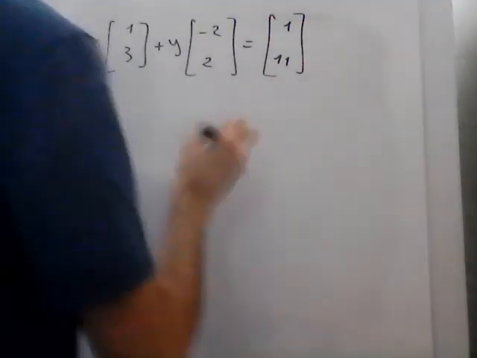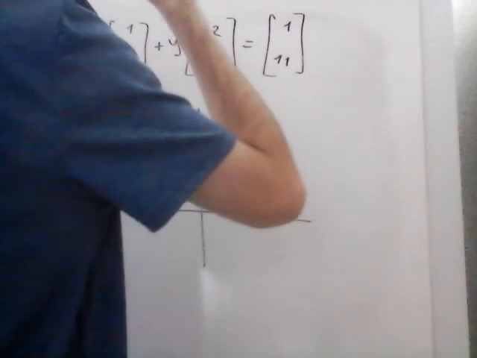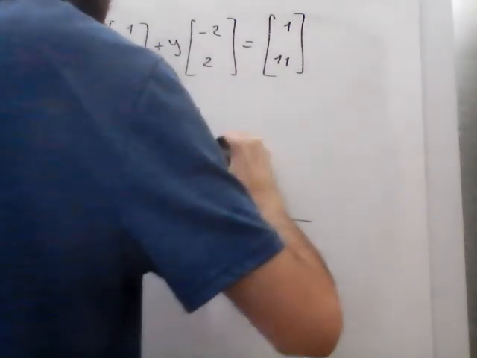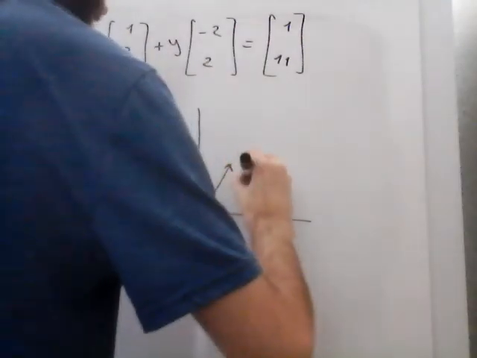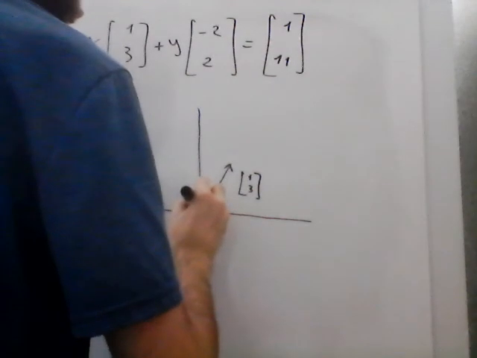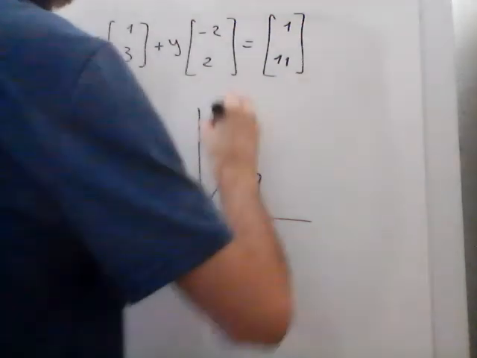Okay, so we have the plane, we have the arrow 1, 3, so this is 1, 3, we have the arrow negative 2, 2, and we have the arrow 1, 11.